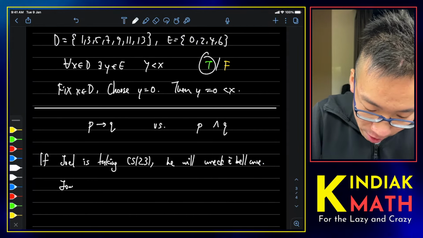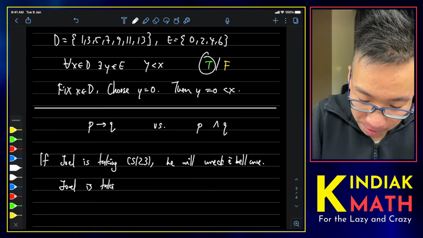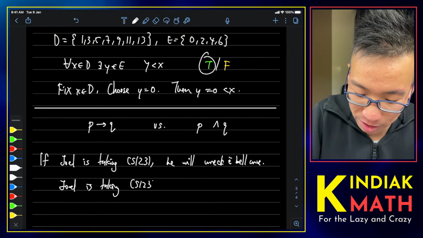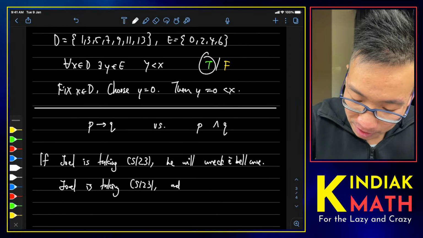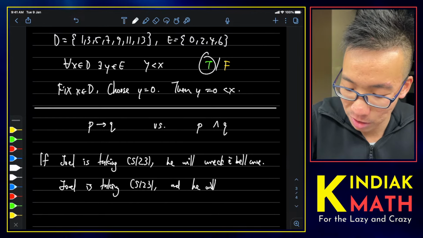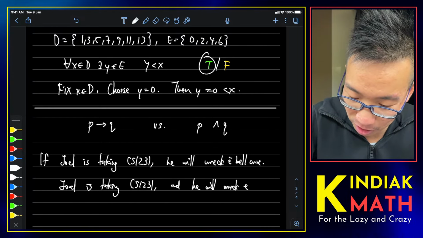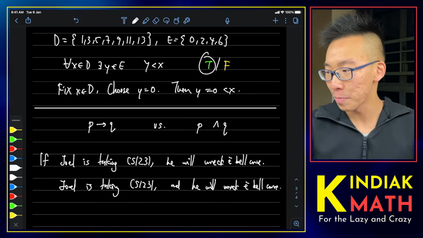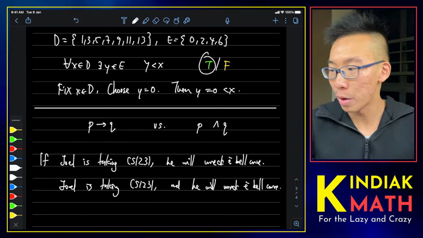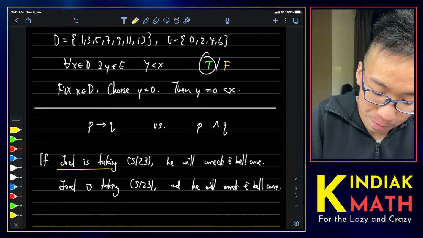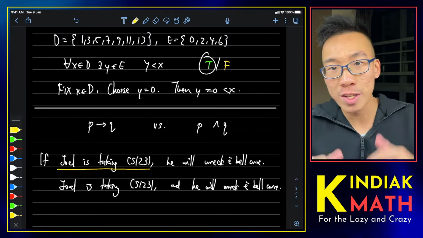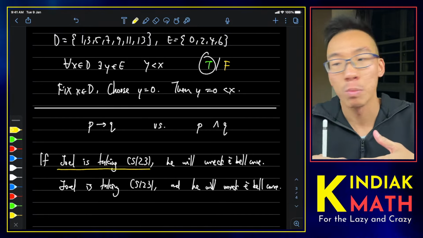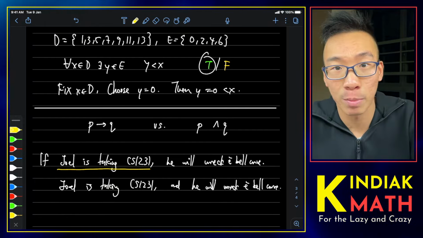Versus Joel is taking CS1231 and he will wreck the bell curve. Okay, so what's the difference between these two? Well, in the first scenario, if Joel is not taking CS1231, then no one cares about what happens.